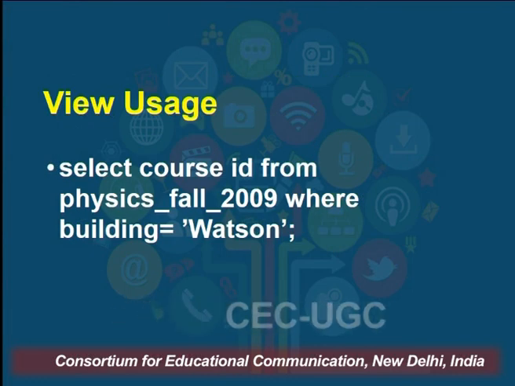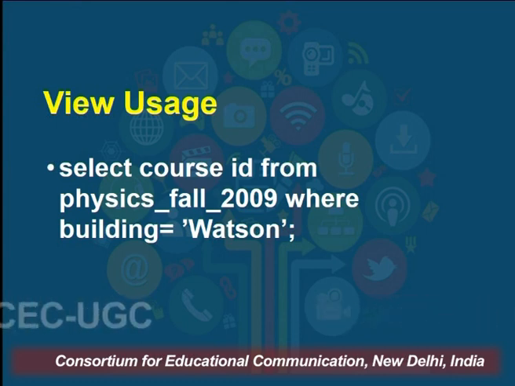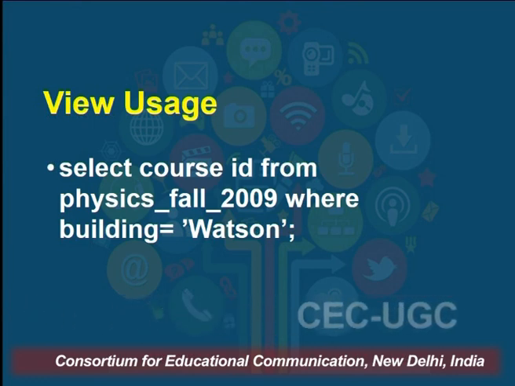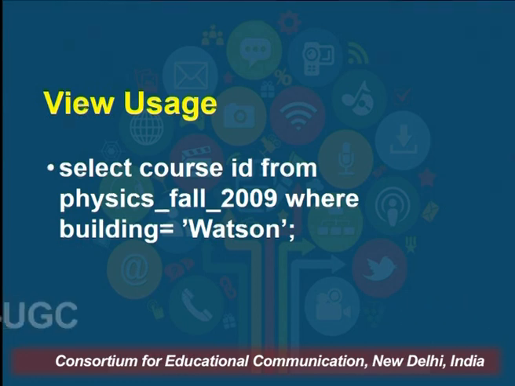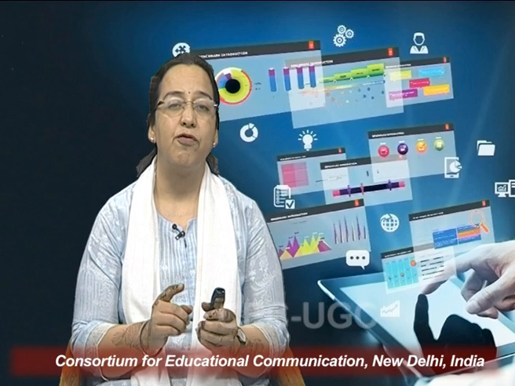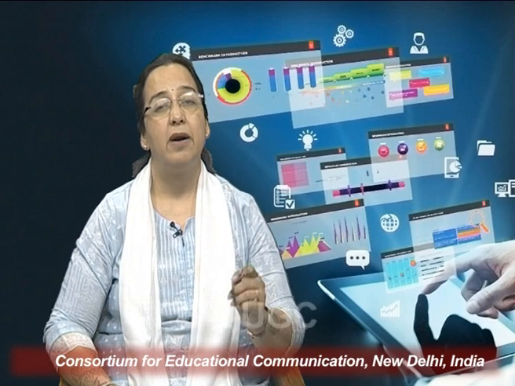For example, we have fired one more query: select course ID from physics fall 2009 where building is equal to Watson. Now, this query is being fired not on a relation, but on a view which we have just created, named physics fall 2009.